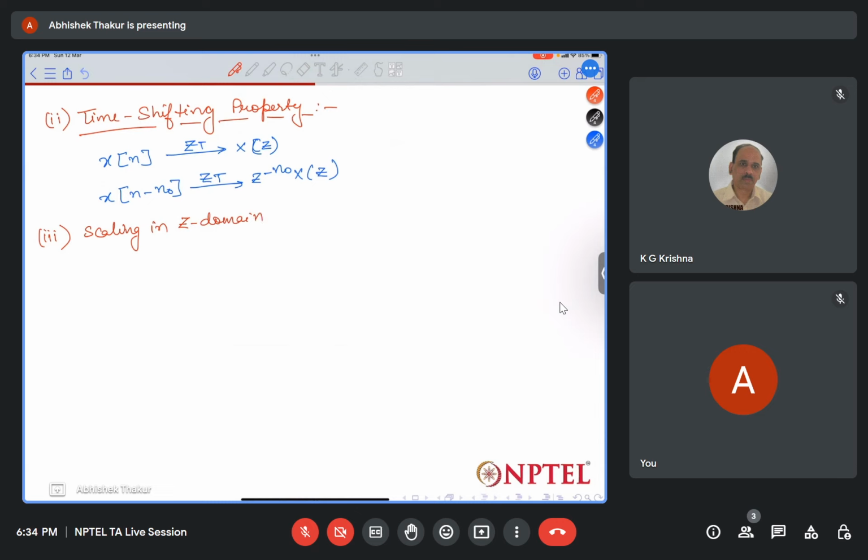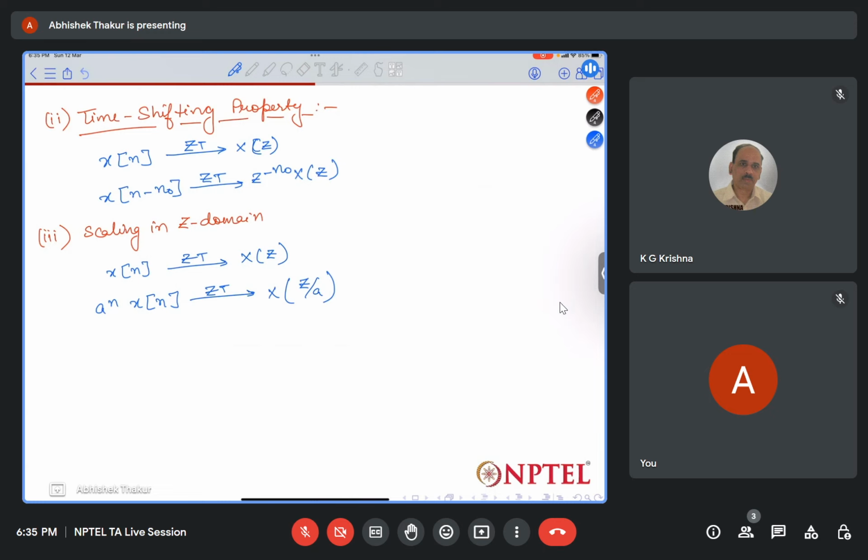If x[n] has Z transform X(z), then the Z transform of a to the power n into x[n] will be X(z/a).